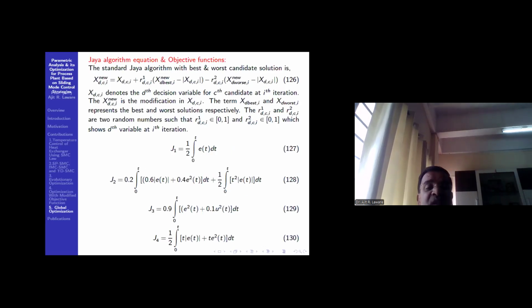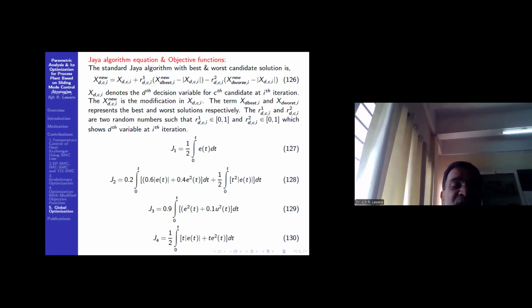Now the Jaya algorithm. This Jaya algorithm is represented by equation 126, where X_d,c,i new is the updated solution, d is the decision variable, c is the candidate, and i is the iteration over there. So what is here? Basically, this Jaya algorithm is also called the best and worst algorithm. Only in the optimization process, you have to select the best value and worst value.